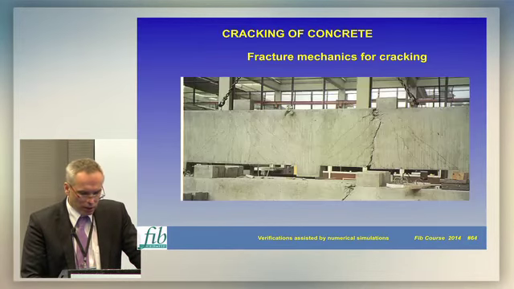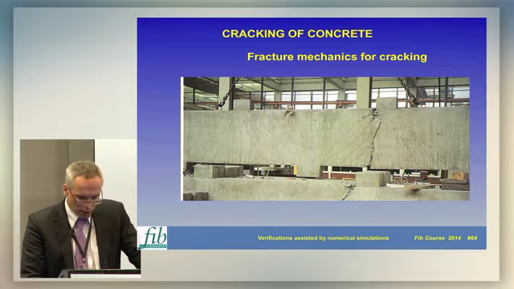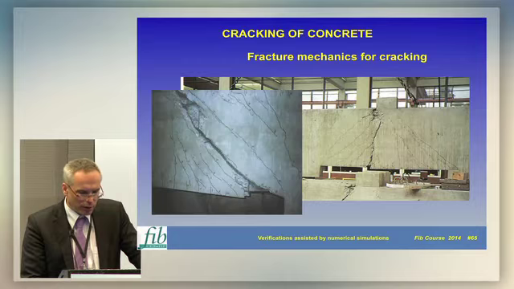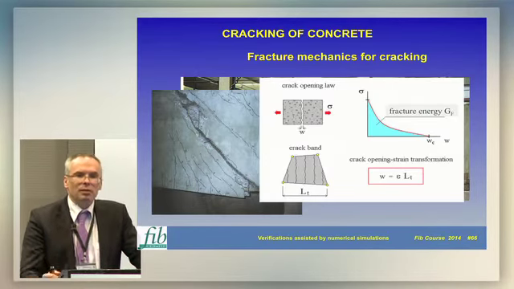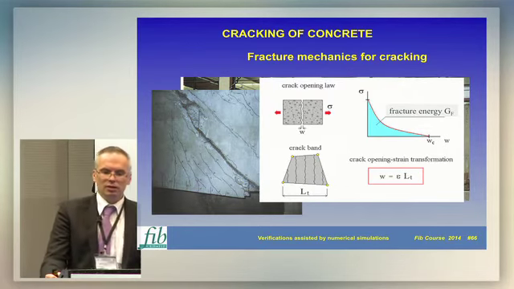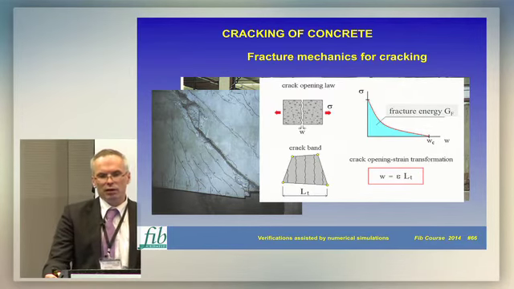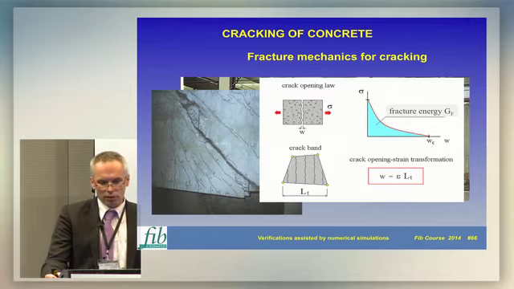Regarding modeling cracks, which is an important part because cracks always occur even under serviceability situations. Of course, when it comes to ultimate limit states, there the compressive failure or reinforcement yielding or reinforcement rupturing becomes the dominant mechanism.